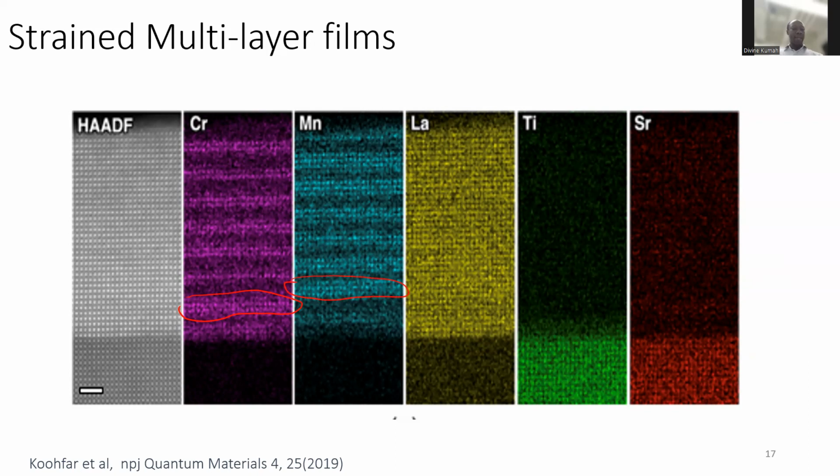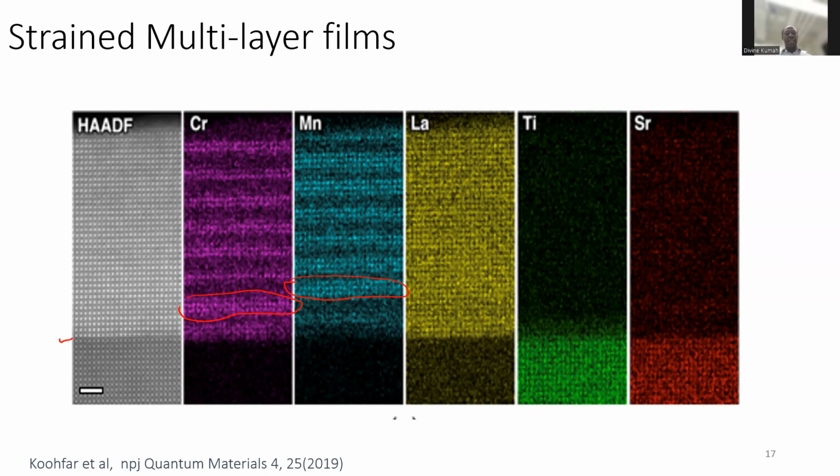And this high-angle annular dark field image tells us that the atoms are arranged in nice straight columns. There's a really sharp interface where it goes from this brighter region to the dark region where the film sits relative to the substrate.